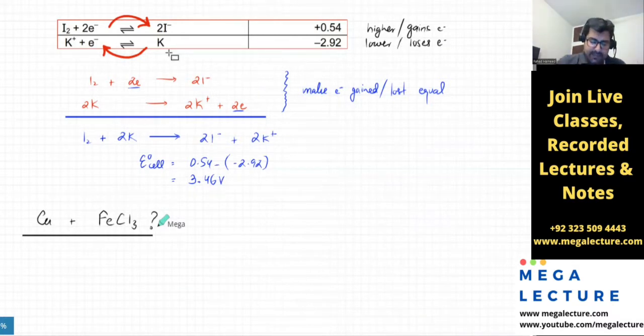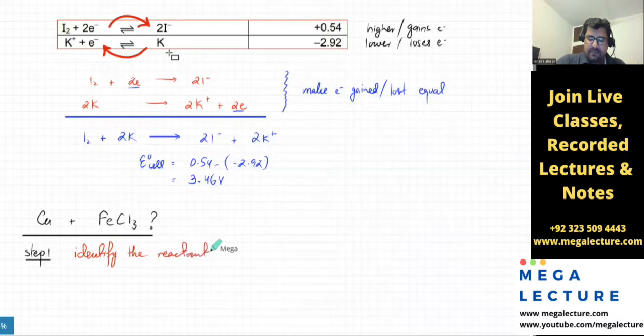So the steps for this are: step number 1, first identify the reactants. So we have to identify the reactants, specifically the ions.